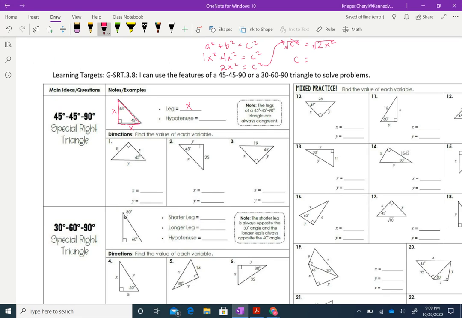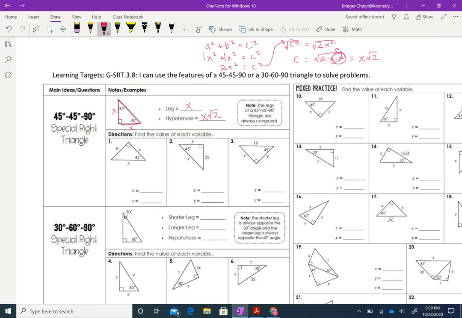And the square root of 2x squared is the square root of 2 times x, right? And we know that in order for something to come out of the square root, we need two of the same factor, which we have here. This x comes out, right? So c is equal to x square root of 2, x root 2.